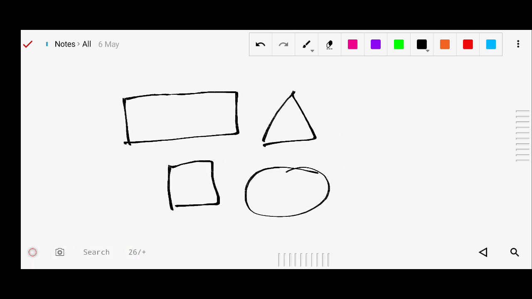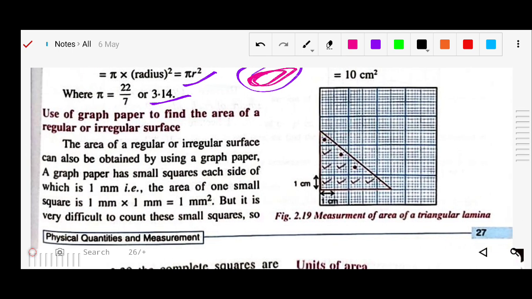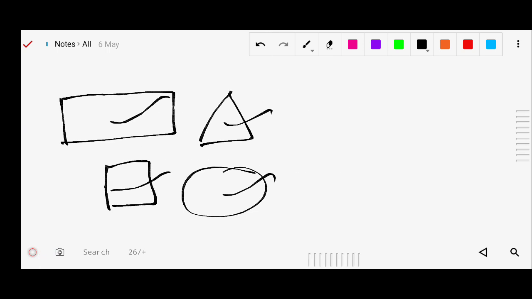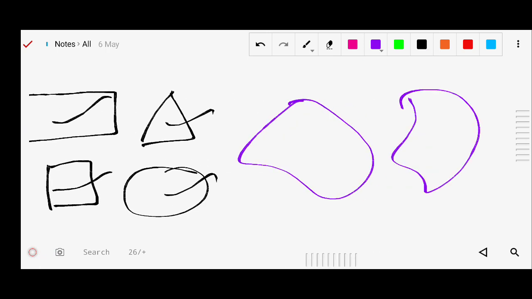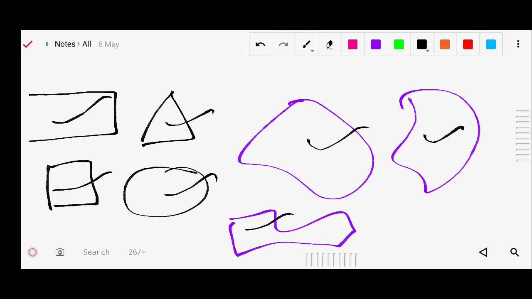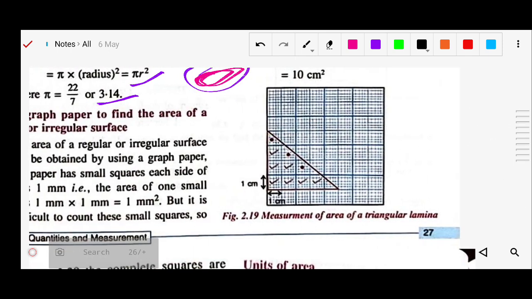But irregular shapes are shapes like this, and we don't have a formula for these kinds of shapes. For irregular shapes the boundaries are not straight, there are curvy boundaries. So these kinds of shapes are called irregular shapes.